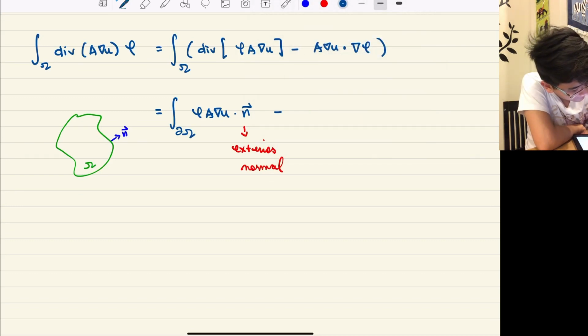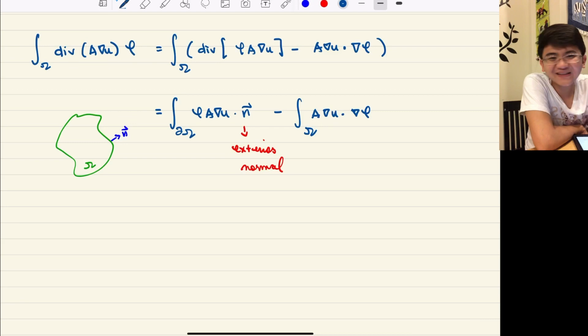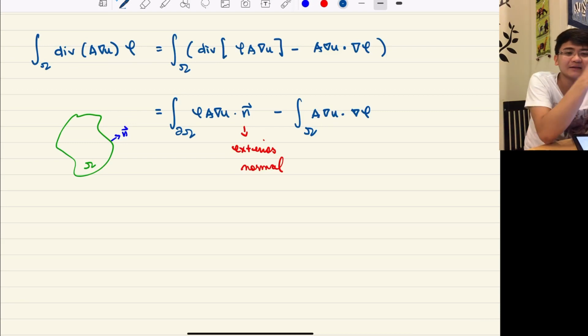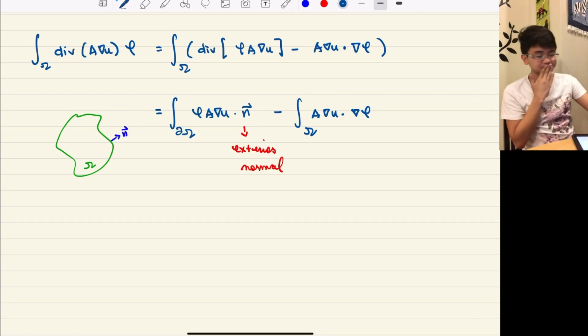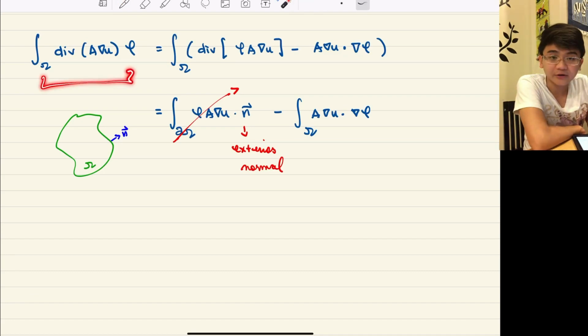And then we have minus this one. Now, remember, what is phi here? Phi is a function with support contained in some compact set in omega, meaning that it's 0 on the boundary. So in fact, this boundary term is 0. So we have that this integral is equal to this one.